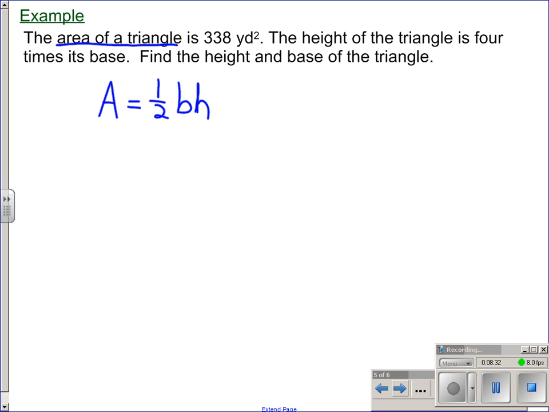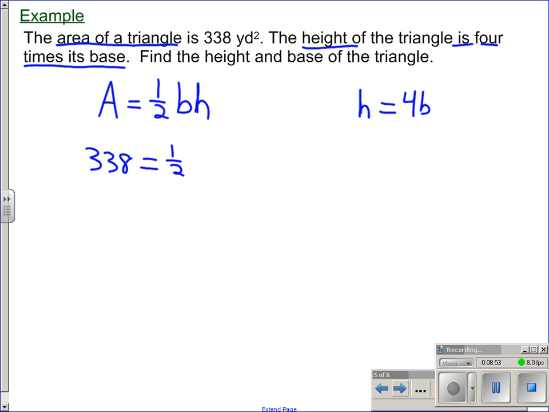The area is 338. So I'm going to plug in 338 for area at 1/2. Now we're told some information about the base and the height. It says the height is, so h equals 4 times its base. So h equals 4 times b.